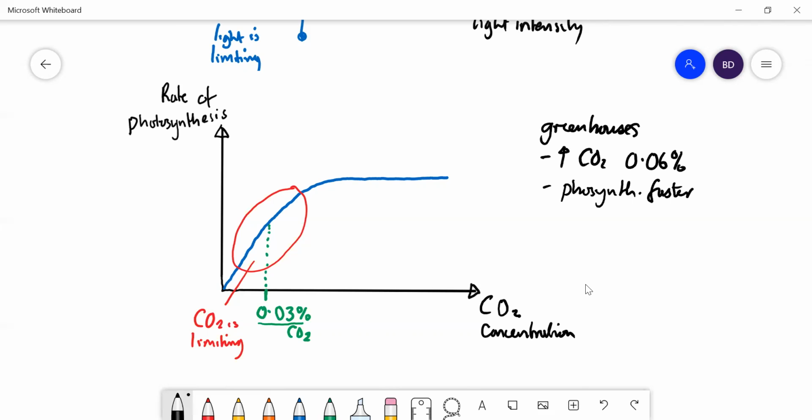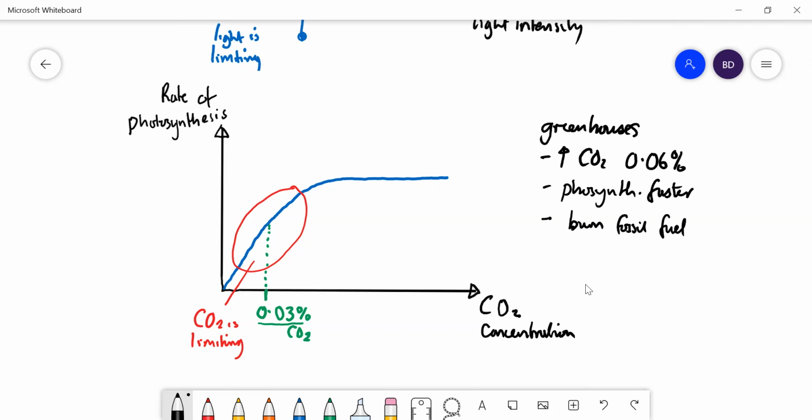Quite often they increase the amount of CO2 by burning fossil fuel in the greenhouse. They have like a paraffin heater or something like that, and that of course will make it warmer as well. So it increases the rate of photosynthesis in two ways, by increasing the temperature and increasing the CO2 levels.